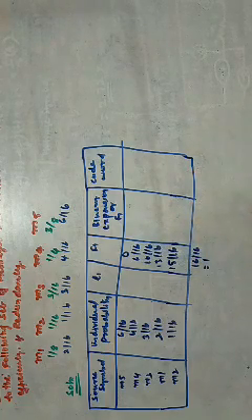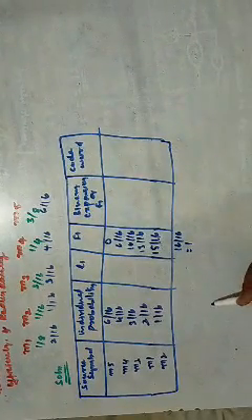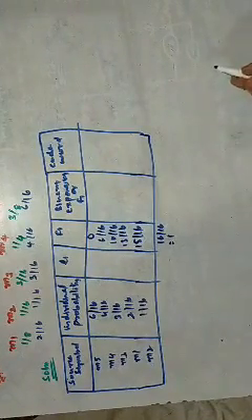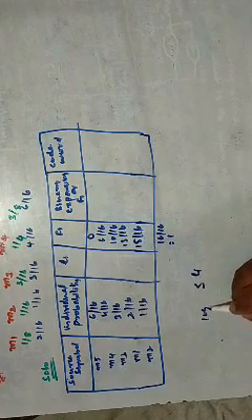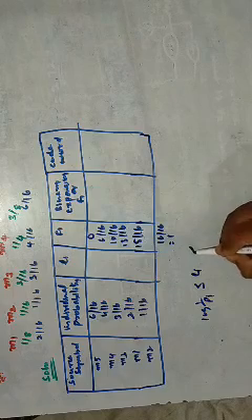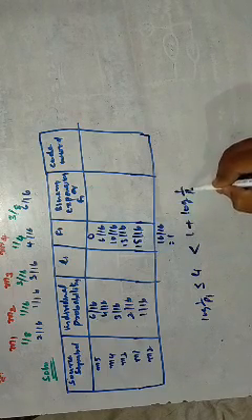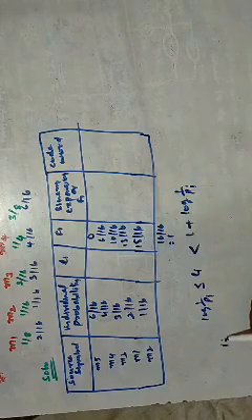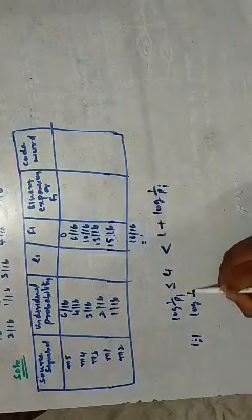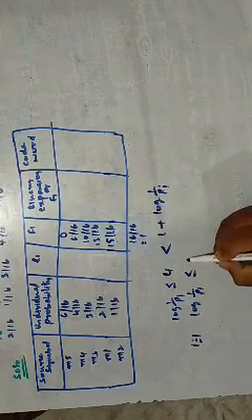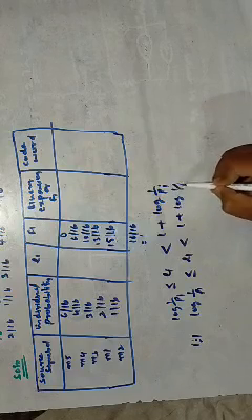Next, I have to find the length of the individual code. Here is the formula: Li is greater than or equal to log 1 upon Pi and less than 1 plus log 1 upon Pi. For i equal to 1, I write log 1 upon P1 less than or equal to L1 less than 1 plus log 1 upon P1.